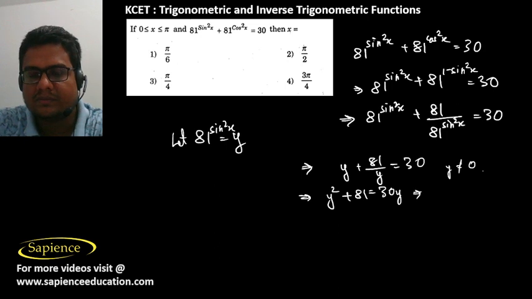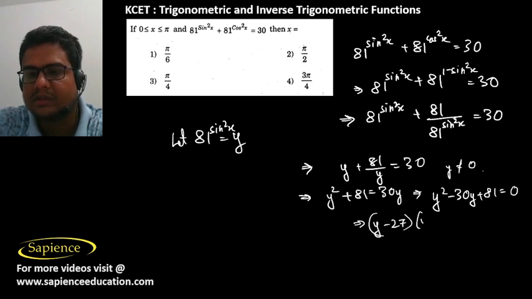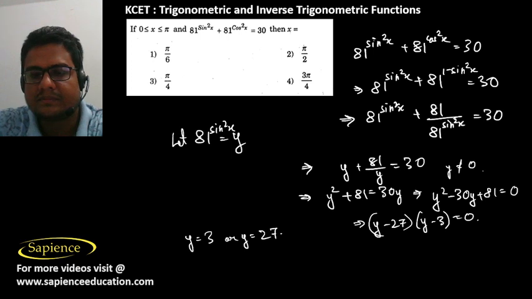So therefore y square minus 30y plus 81 is equal to 0. So 81 is 27 into 3 I can write. So this is (y minus 27) into (y minus 3) equal to 0. So therefore y can be equal to 3 or y can be equal to 27.